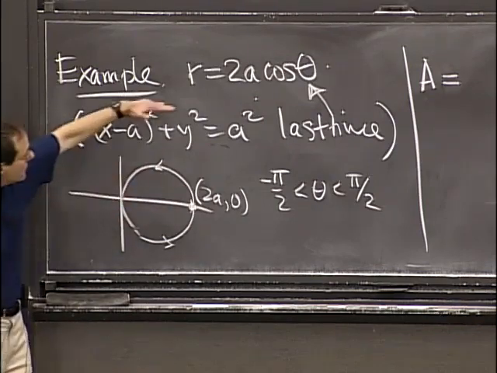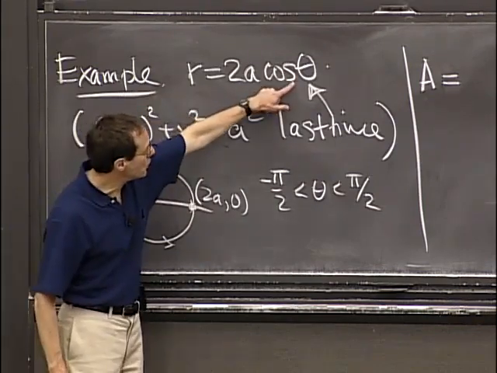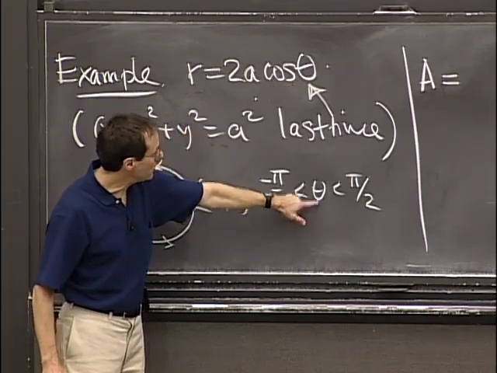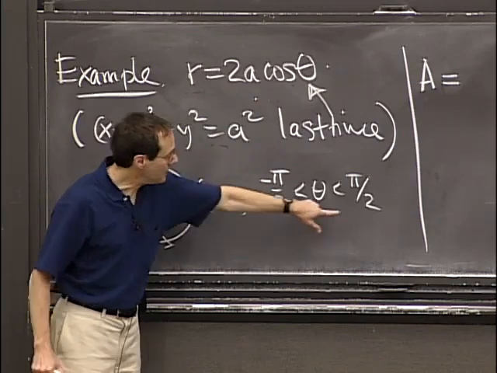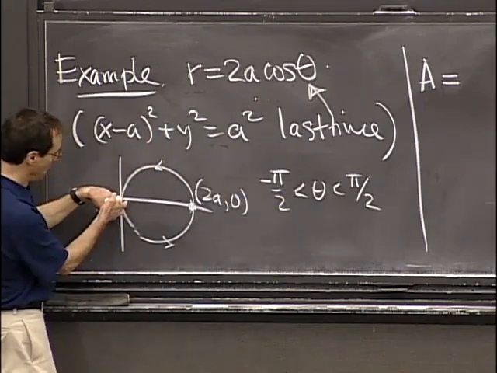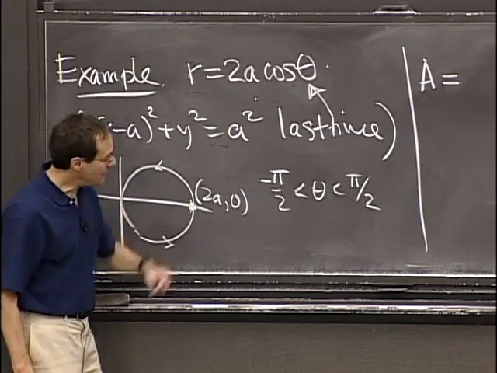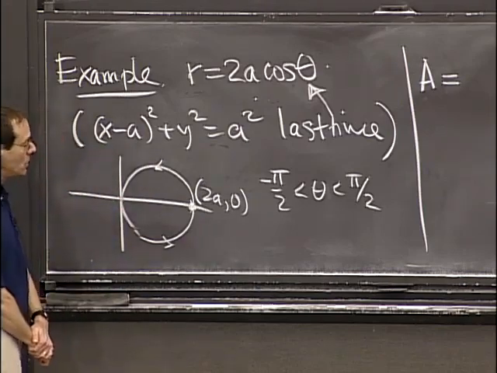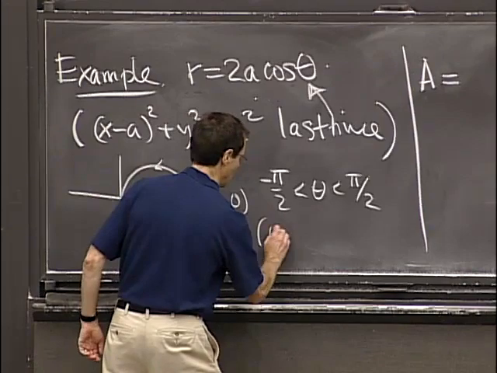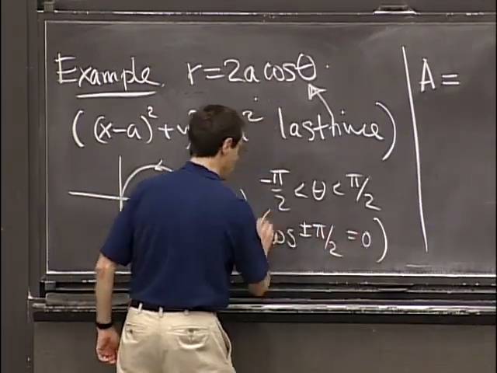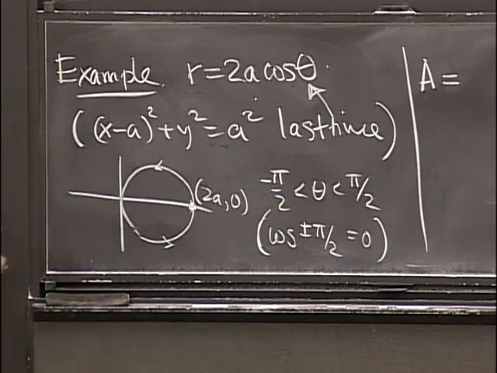You can also get it directly from this formula if you realize that cosine is positive in this range, and at the ends, it's 0. So at the ends, cosine of plus or minus pi over 2 is equal to 0.